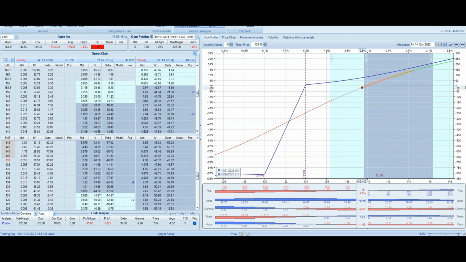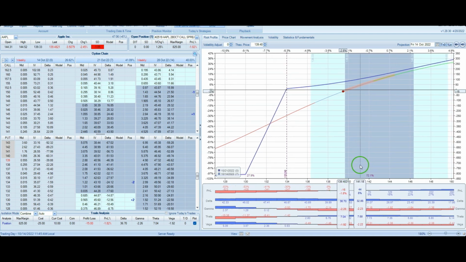So we're looking at a trade we did last week. This was Apple. Apple was heading into the earnings. This was Friday, October 14th. Apple was trading at about $139.48. So the idea here was to pick up an out-of-the-money call debit spread in the week where we had the earnings announcement.